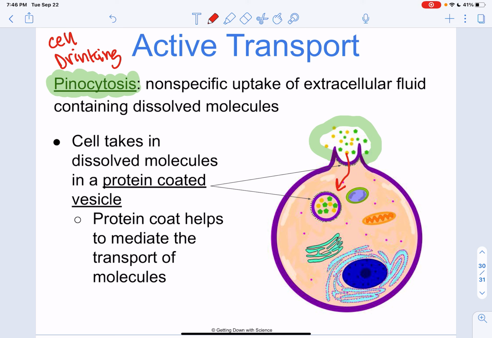Then those molecules will eventually get released into the extracellular fluid on the inside of the cell. These could be hormones, they could be messages, they could be other ribosomes, they could be a variety of things.